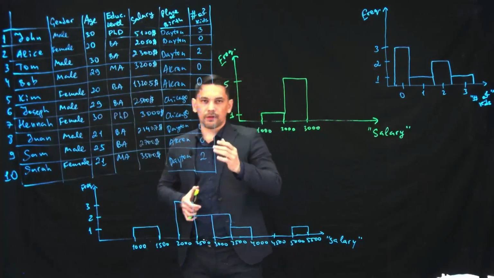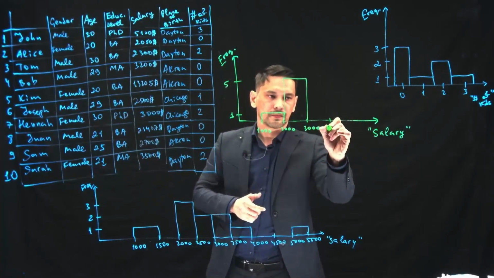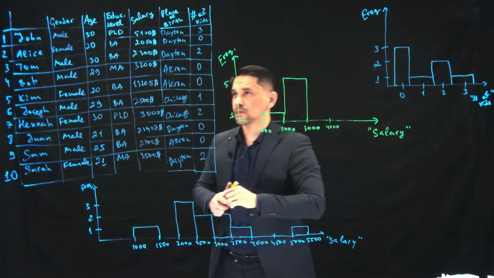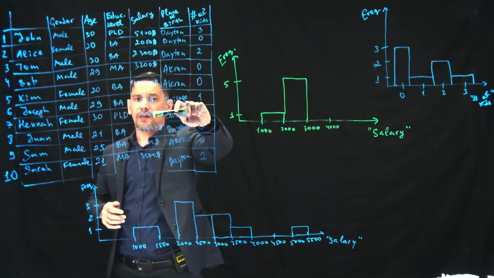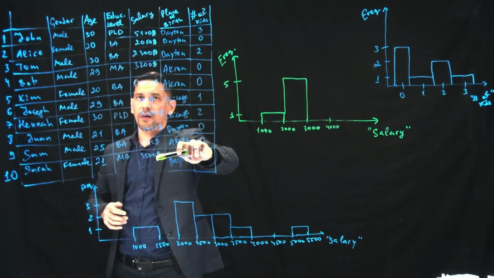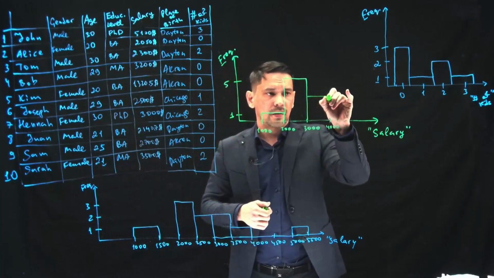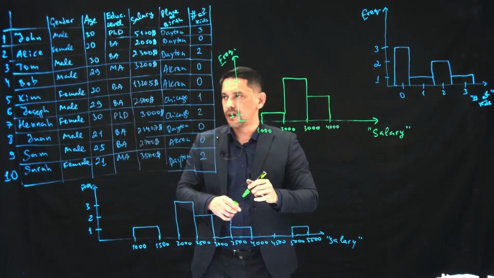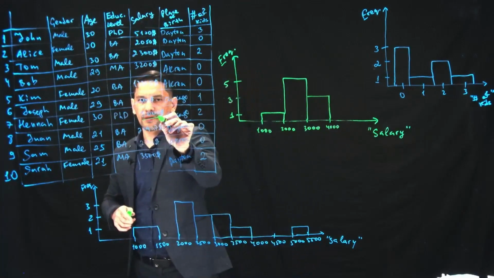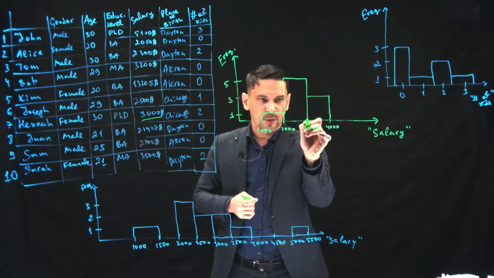Now count the number of employees who earn between $3,000 and $4,000. Okay, it's Hannah, Sarah, and Bob. So the frequency of the next column is equal to 3. Now please note that Hannah has a salary of $3,000 and she's right on the boundary over here between two columns.